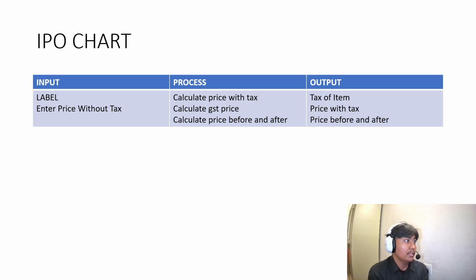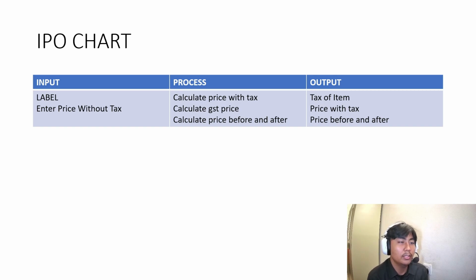For the IPO chart, for the input, we put label and enter price without tax. After we put the input, about the process: calculate price with tax, calculate GST price, and lastly, calculate price before and after.